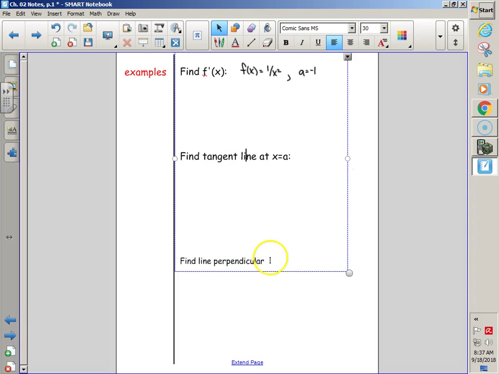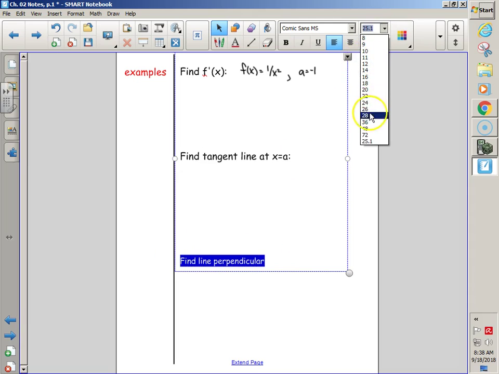Find me f prime of -1. Choose in your group. Forever card 6 and then plug in a at the end, or 7 and you go straight for the answer. Forever card 6 or forever card 7. And go.